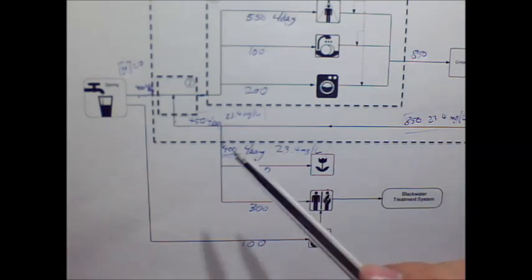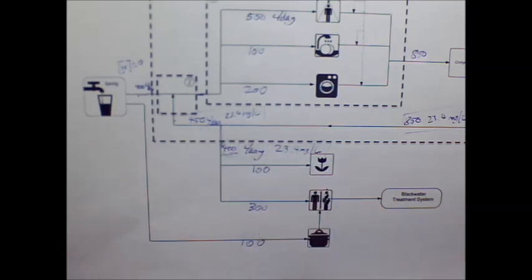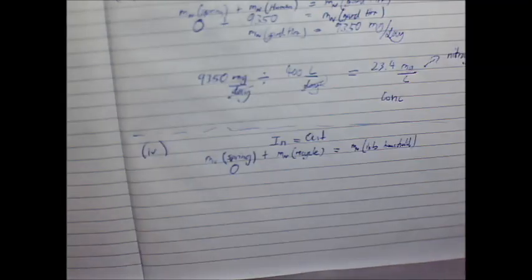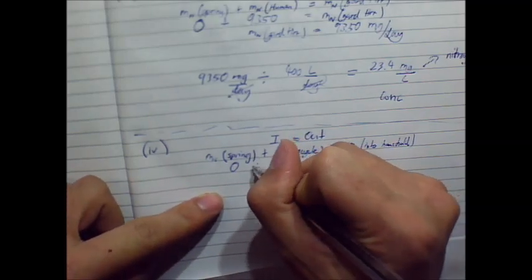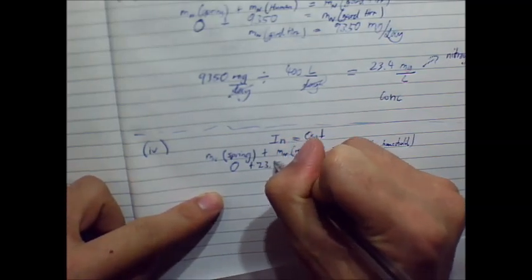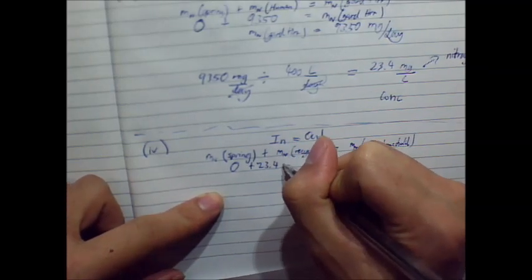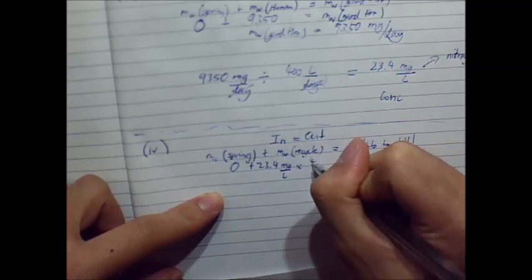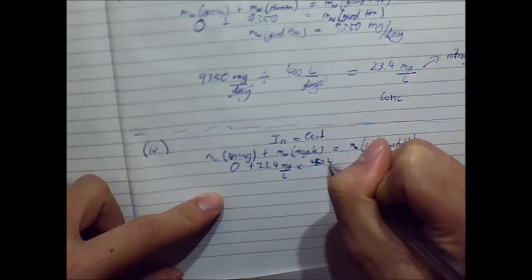So with that information known, we can calculate the mass flow rate of nitrogen in here by multiplying 23.4 milligrams per litre by my 450 litres per day.